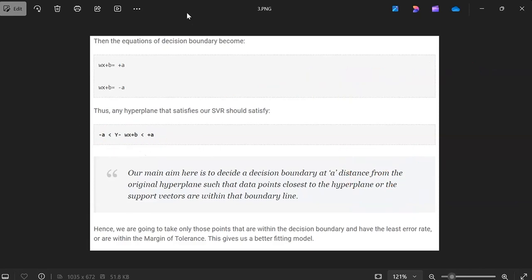Where is the, can you remove that? One second. One moment, guys.